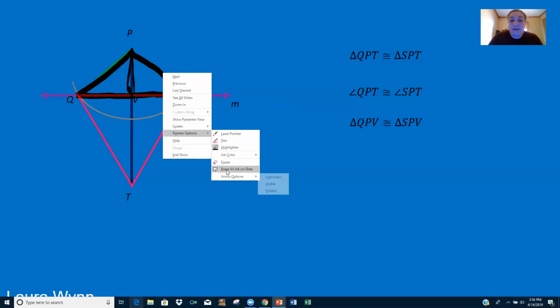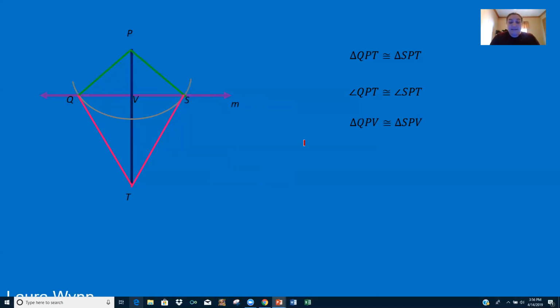Okay, let's get rid of all that messiness. The next thing they want us to do is angle QVP. Is it a right angle? So let's look. Q, V, and then P. They want to know if right here, that is a right angle.